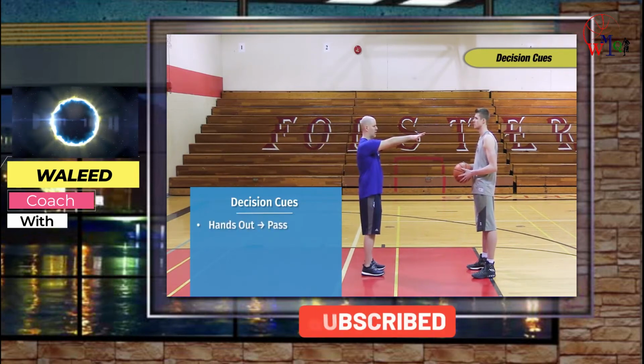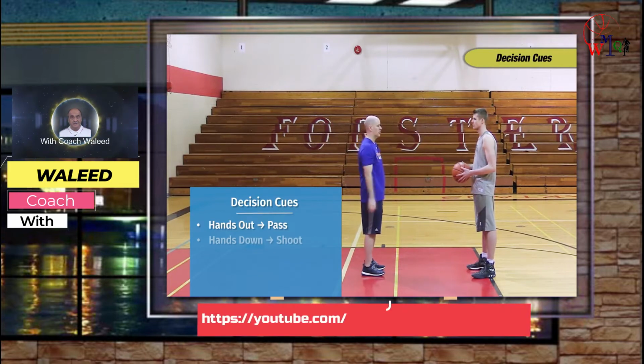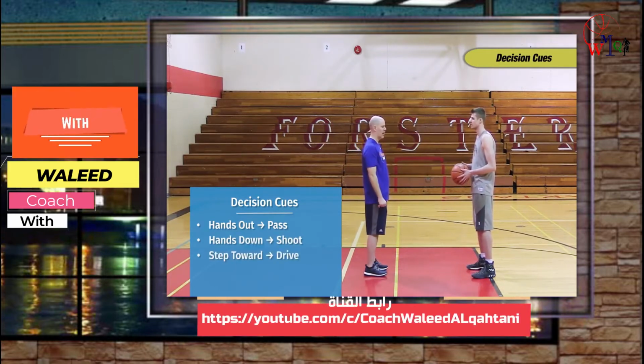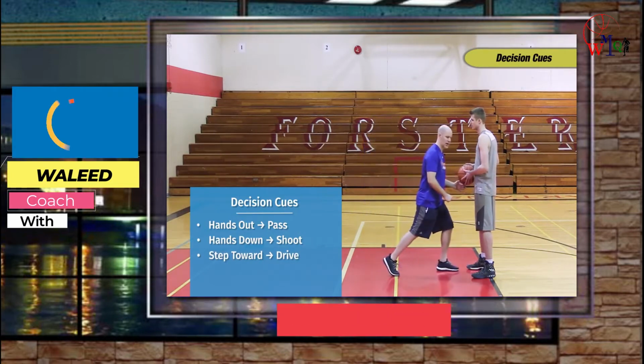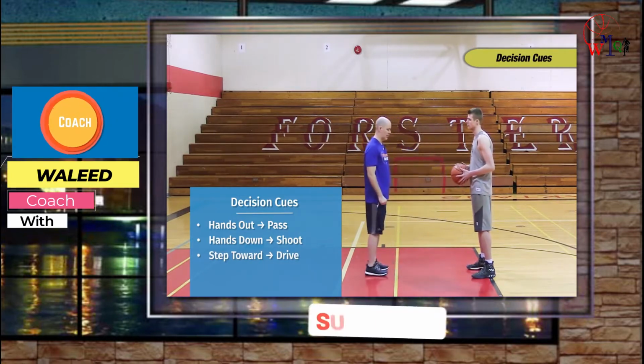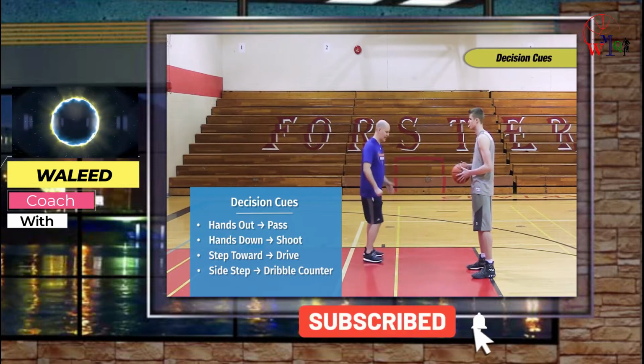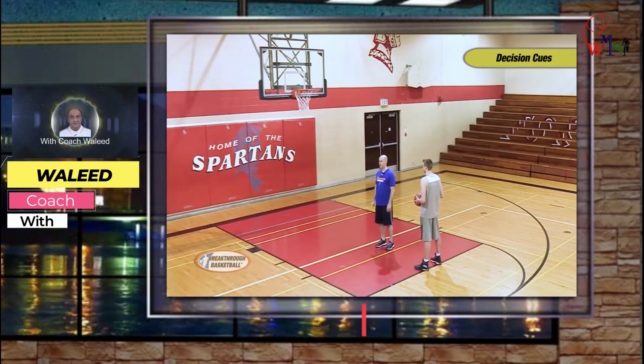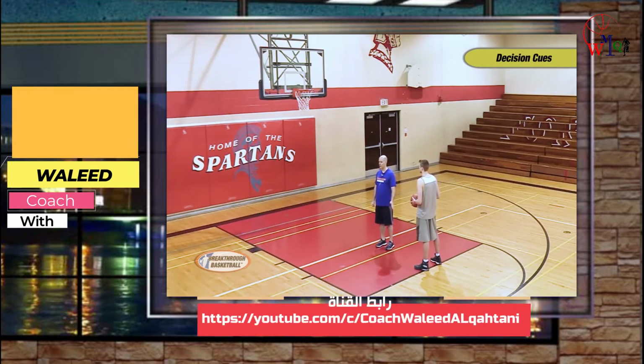The signal to pass the ball is hands out. The decision to shoot the ball is hands down. The decision to drive the ball is a step towards. The decision to drive the ball and counter is a step to the side. All those examples are meant to cue a decision by the learner.